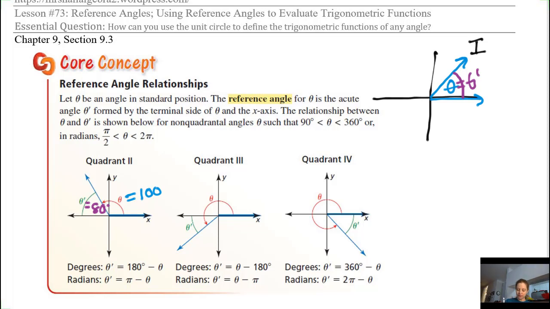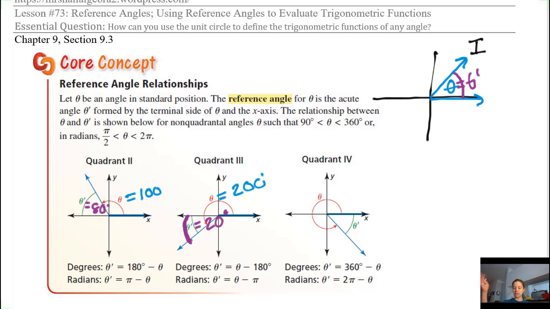Let's do an example of a theta with the terminal side in quadrant 3. So it has to be past 180. Let me set theta to, for example, 200 degrees. That's 20 degrees past 180, which would mean that theta prime, the terminal side to the x-axis, would be 20 degrees.